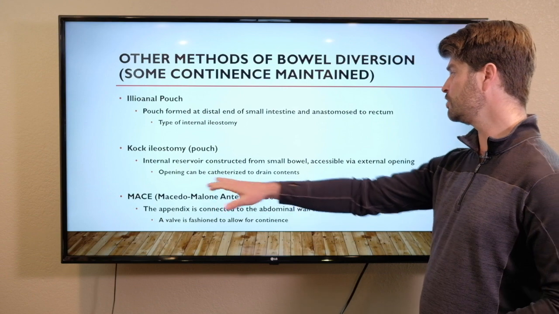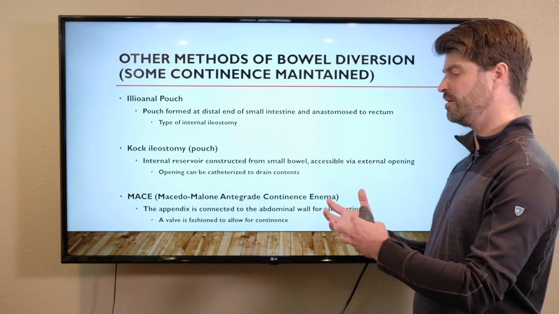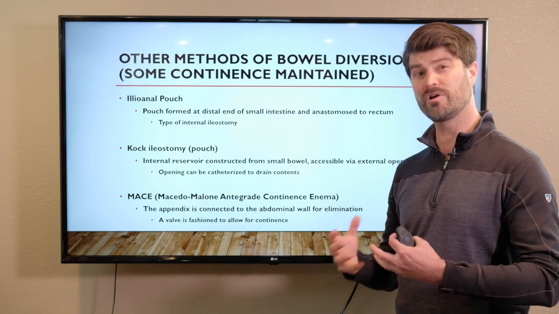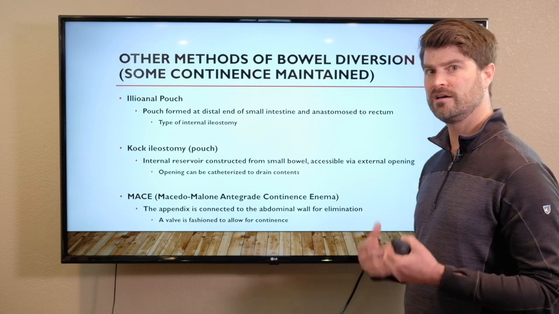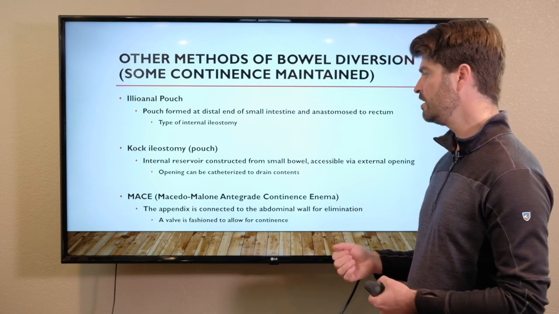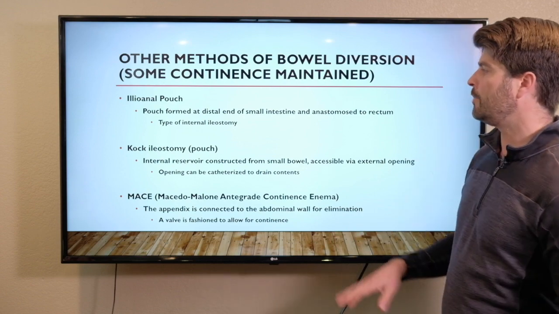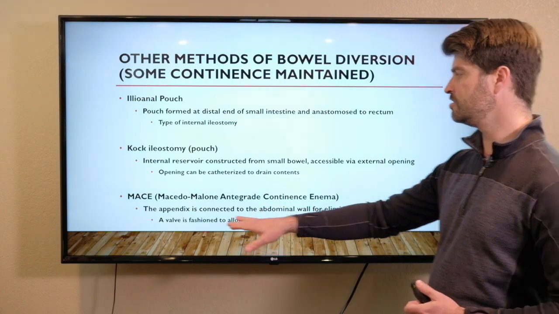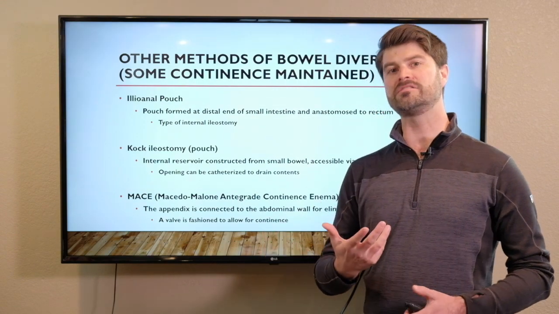A Kock pouch, which is kind of a Lego version of making a reservoir where stool can be collected and then can be drained at regular intervals. So there's an element of continence to these. Also, these MACE procedures where they take the appendix and make that the ostomy.